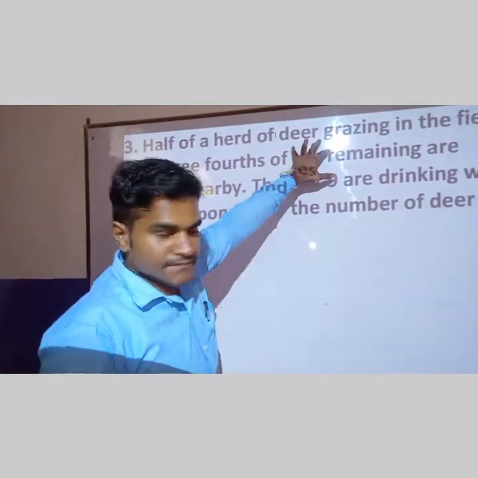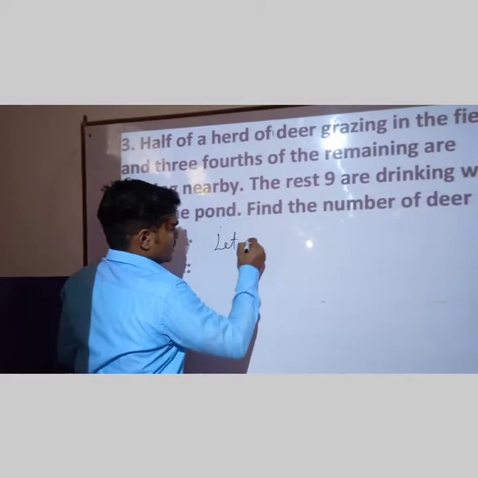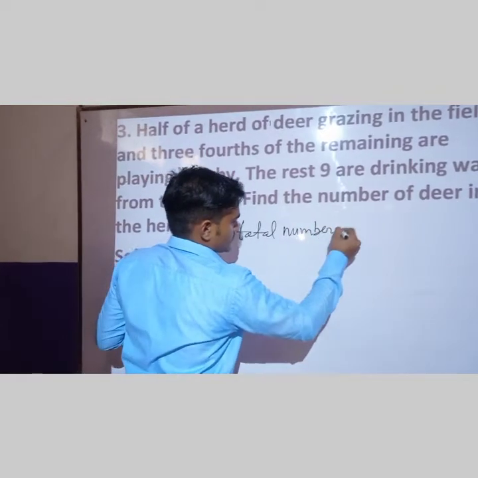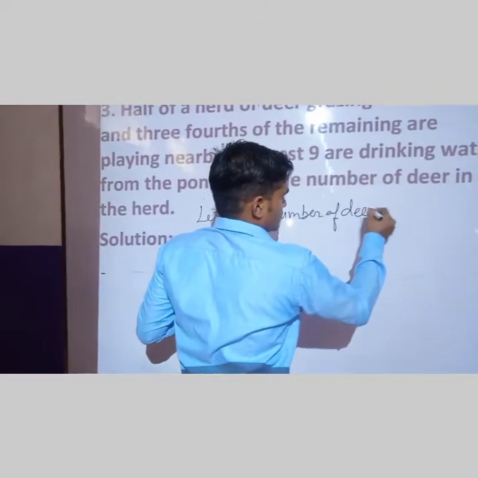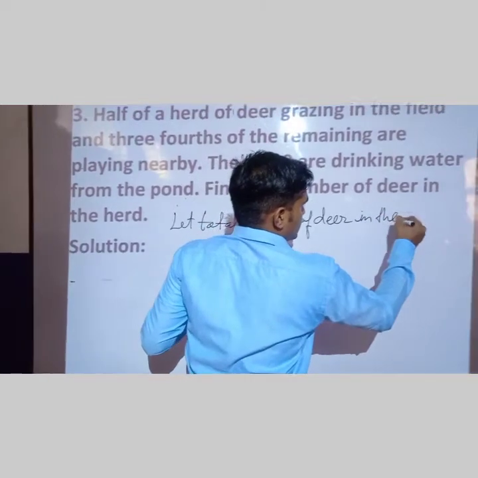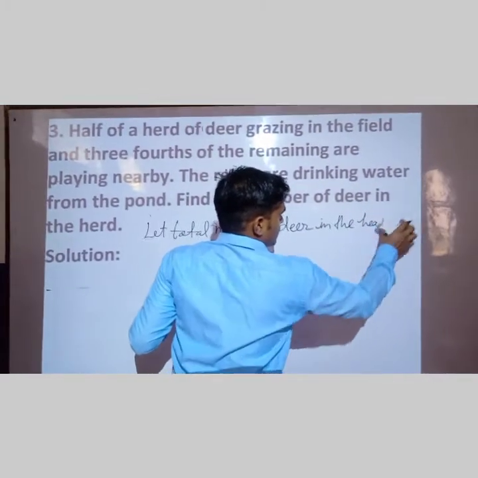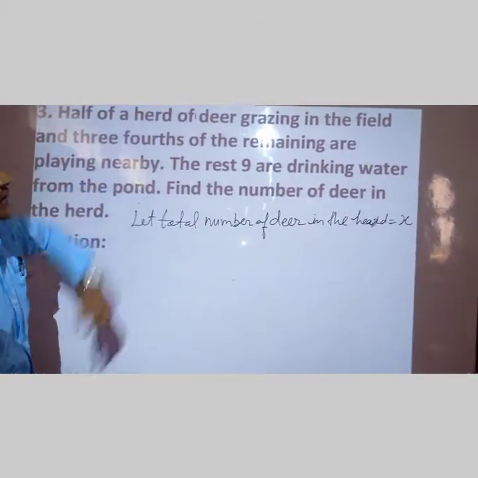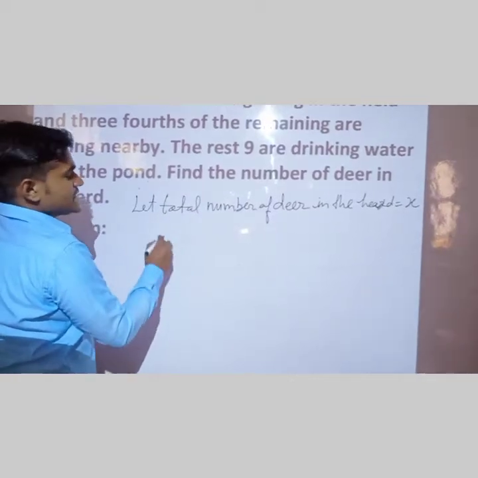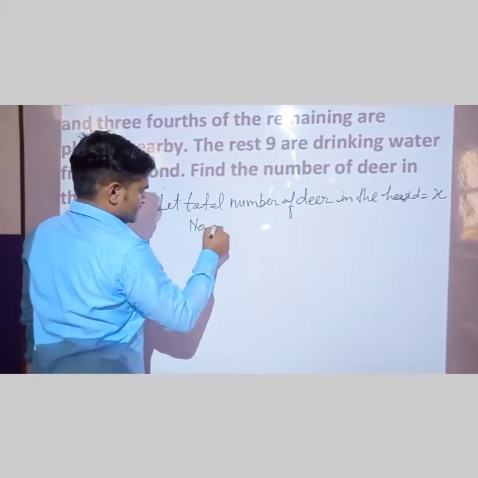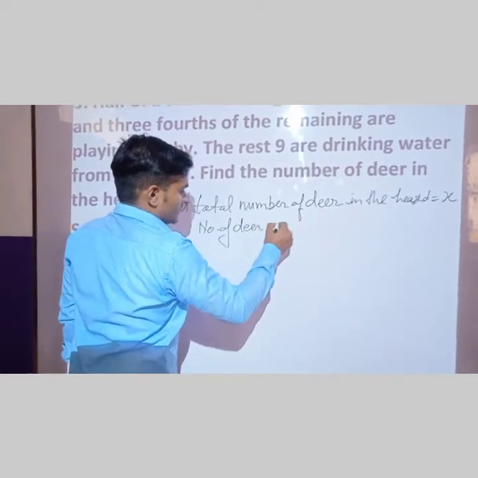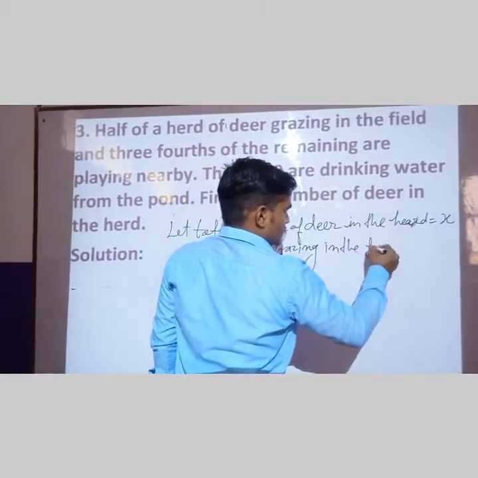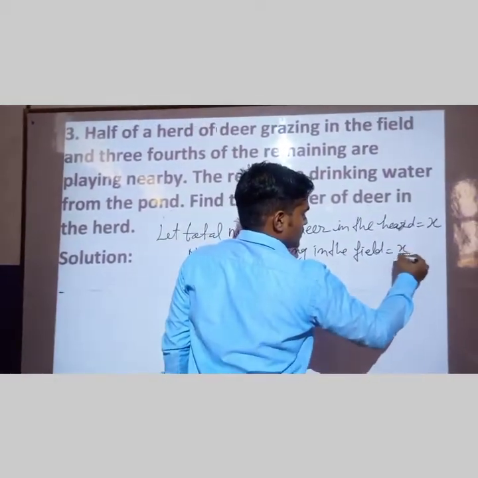are grazing. So students, let the total number of deer in the herd be equal to x. So half are grazing. So the number of deer grazing in the field is equal to x upon 2.